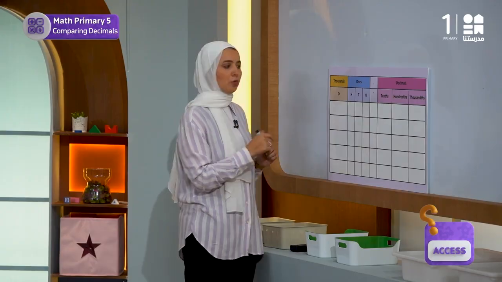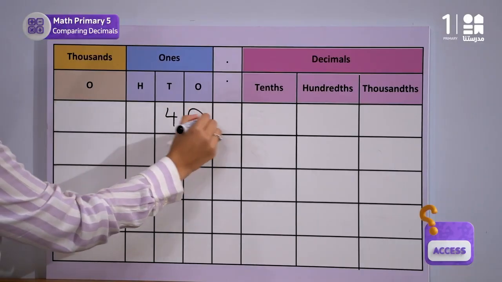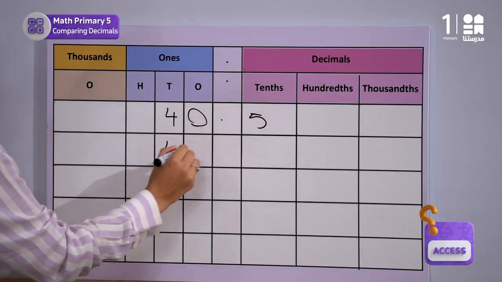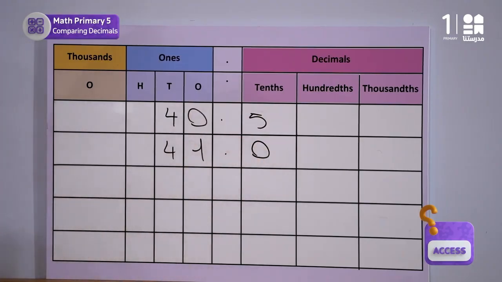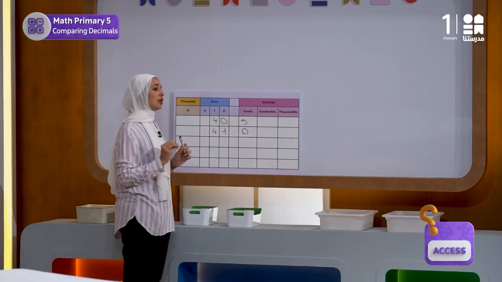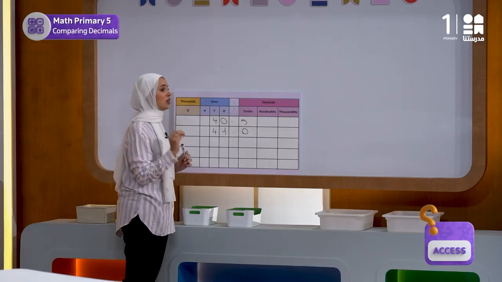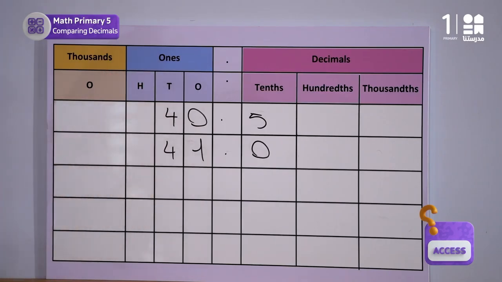We will write the 2 numbers in the chart. We have 40.5 and 41.0. Now you will notice that the tens are equal. Let's check, 4 and 4. However, the ones are different.